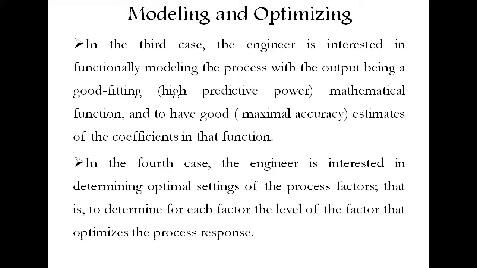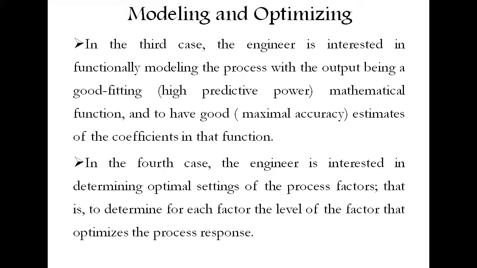In the third case, the engineer is interested in functionally modeling the process, with the output being a good fitting model and good estimates of the coefficients in that function. You can easily model with the support of DOE which factor mostly influences the output. So in the modeling area also, DOE helps. Finally, optimizing.